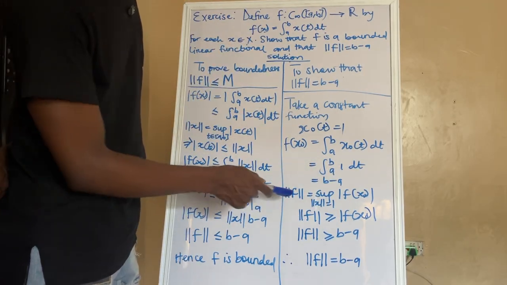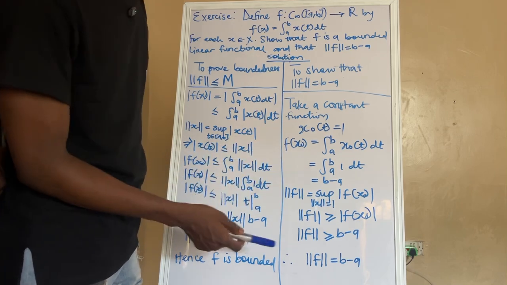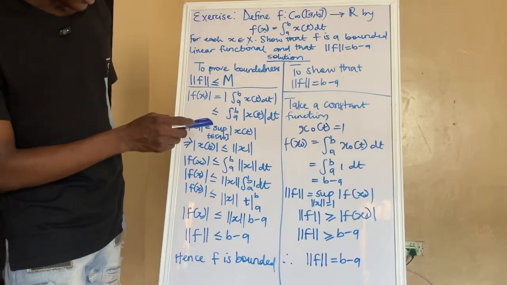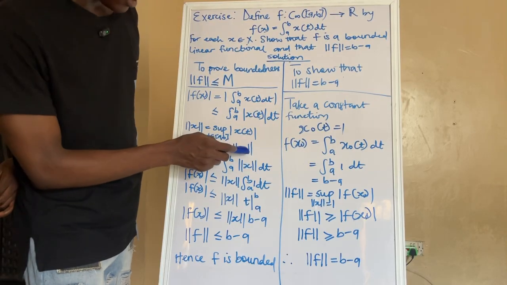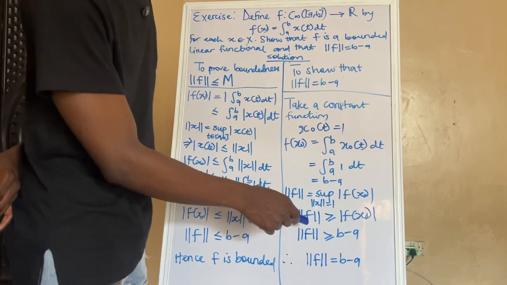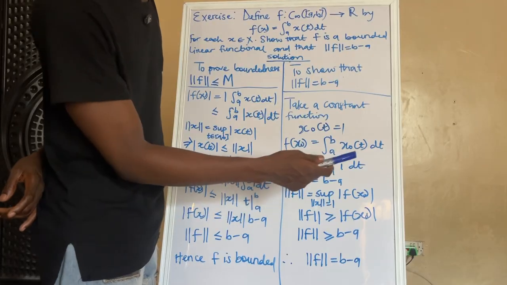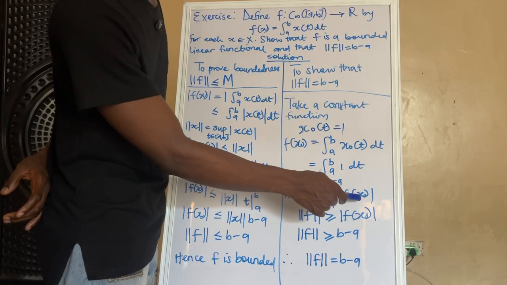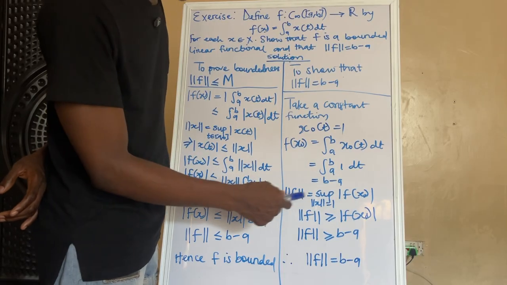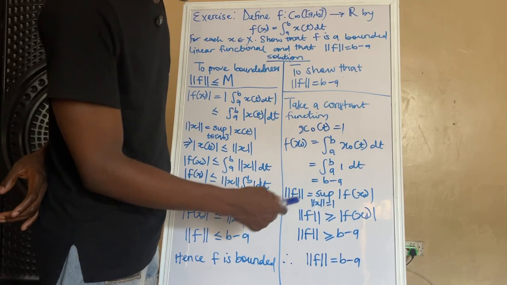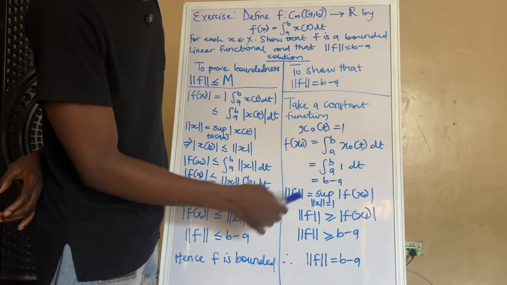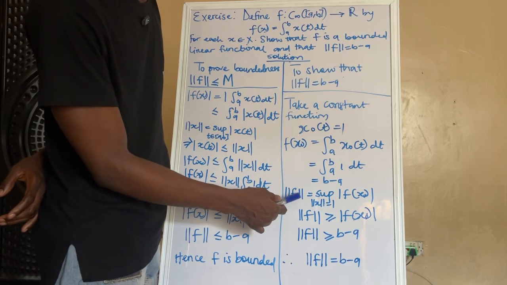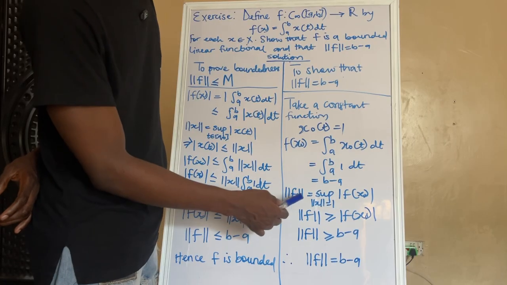This tells us that the norm of f would always be greater than or equal to this. And that makes sense because we know that this norm of f here is the highest value that this could be. This can be less than it, but it cannot be greater than it. It can only be equal or less than, which means that this cannot be greater than it, and the norm of f cannot be less than it.